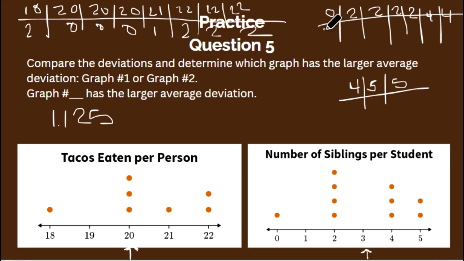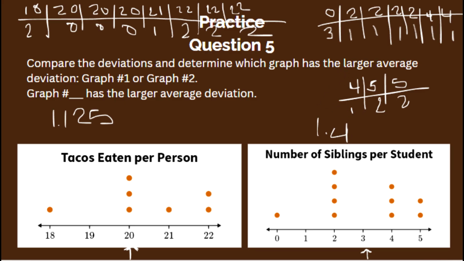The center is 3, so the deviations are 3, 1, 1, 1, 1, 1, 1, 1, 2, 2. We have 3, 4, 5, 6, 7, 8, 9, 10, 11, 12, 13, 14, divided by 10 gives us 1.4. Okay, so which one has the higher average deviation? The number of siblings per student. One does.